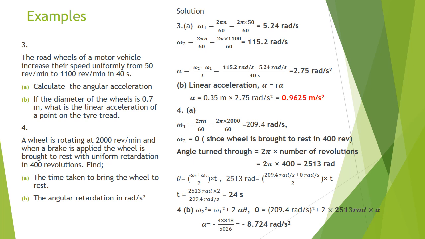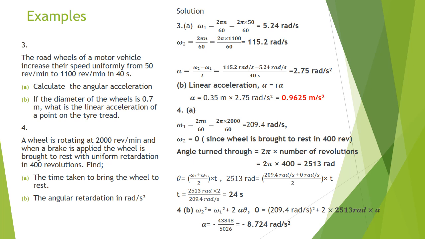So changing omega 1, which is the initial angular velocity, will give us 2 pi n over 60. So 2 pi times n, which is the number of revolutions in rev per minute, which is 50, divided by 60, and our answer will be 5.24 rad per second.